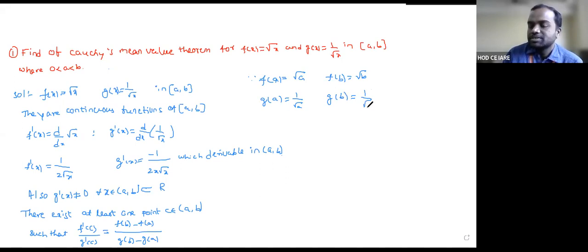So next, f dash of c is equal to 1 by 2 root c, and g dash of c is equal to minus 1 by 2c root c.